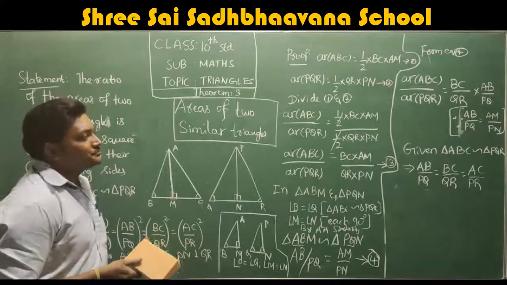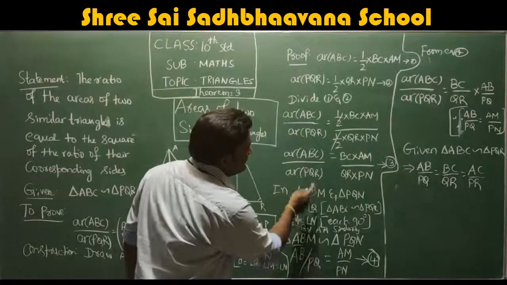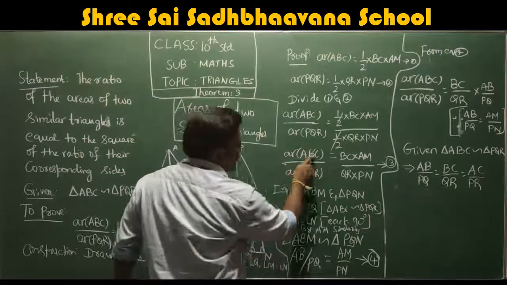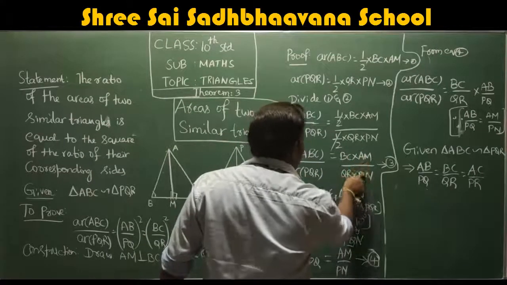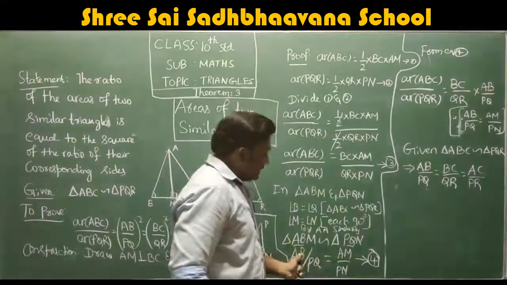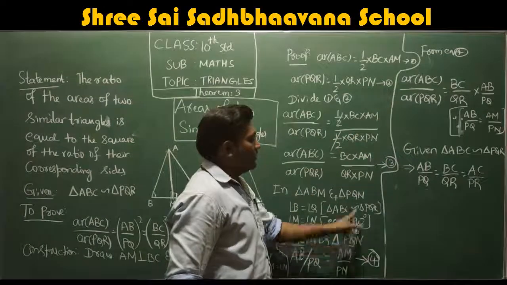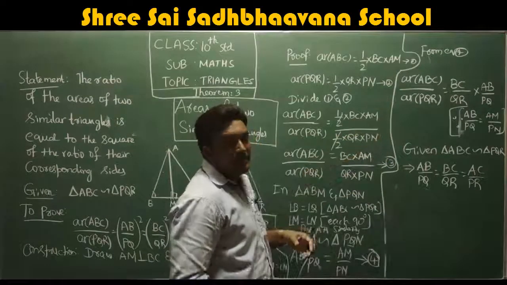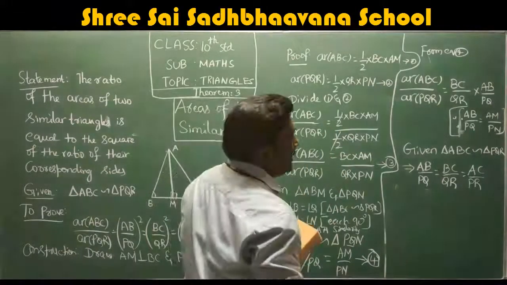Next, what I am doing, this equation 4 I am using in equation 3. See, the area of triangle ABC by area of triangle PQR is equal to BC by QR into AM by PN. Correct? In the place of AM by PN, can I write AB by PQ? Because they are equal, in the place of AM by PN, I wrote AB by PQ, since AB by PQ is equal to AM by PN.